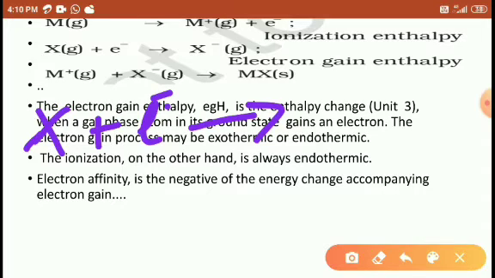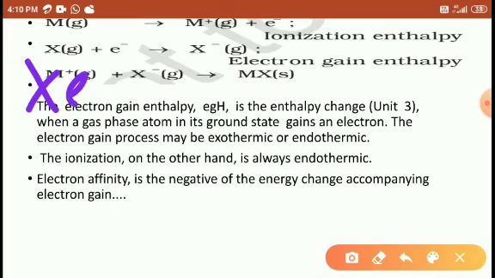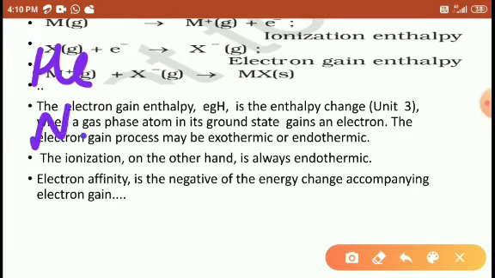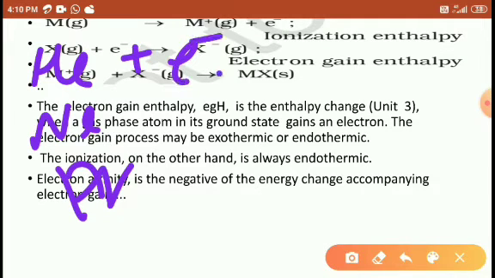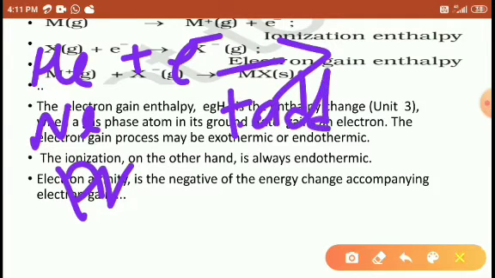For example, noble gases: helium, neon, argon. When these species accept electrons, they need energy. We have to add some energy, right?